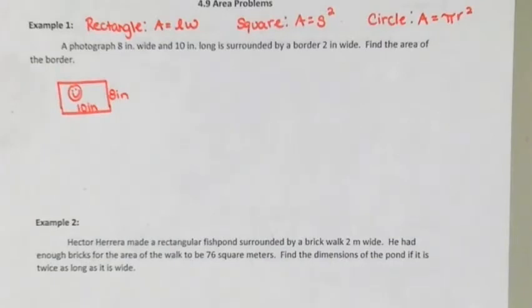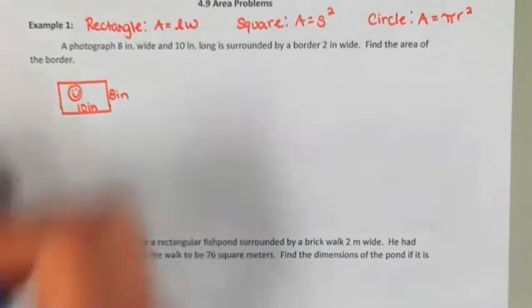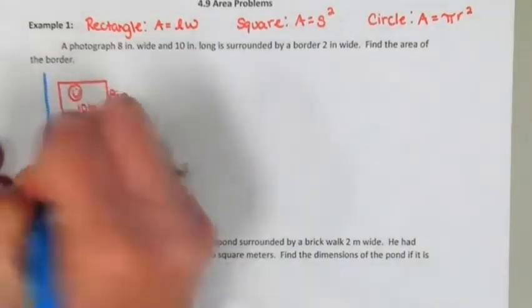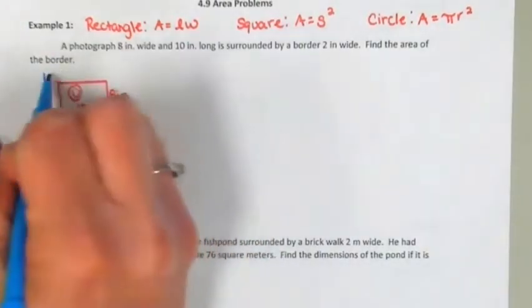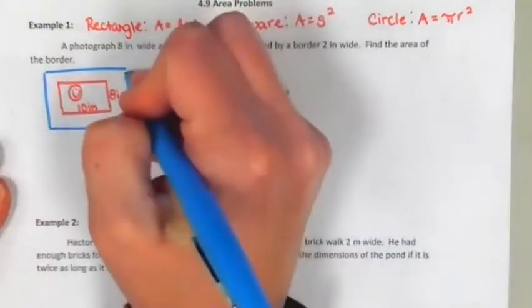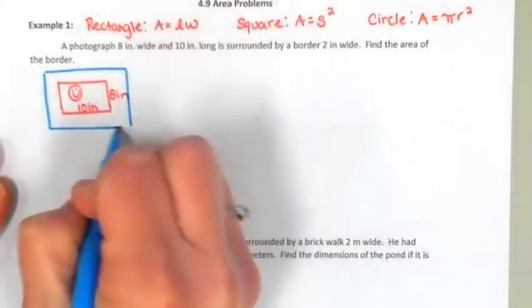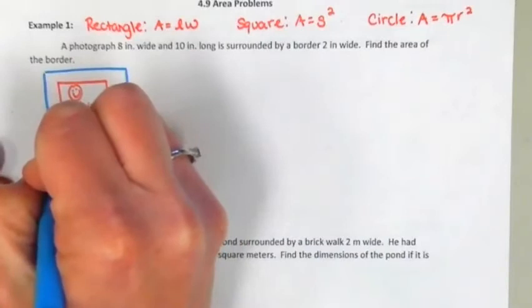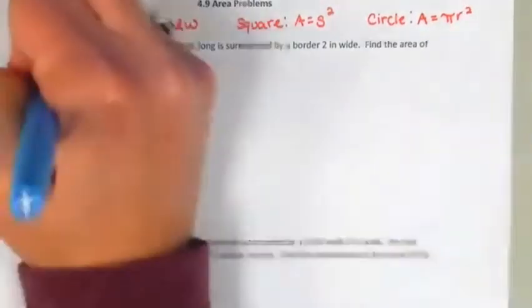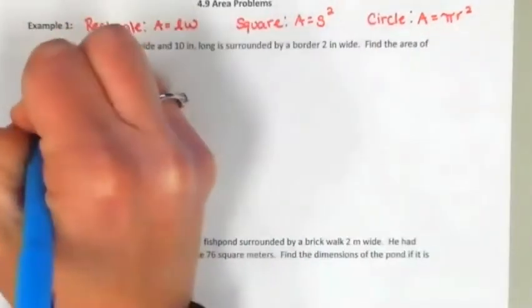Now we're going to surround it by a border that is 2 inches. So now it's kind of like I'm going to put a frame on this picture. And if I add this frame, I'm adding what to the length and to the width? 2 on each side, right?